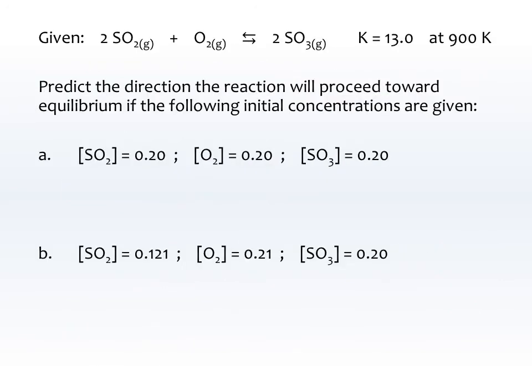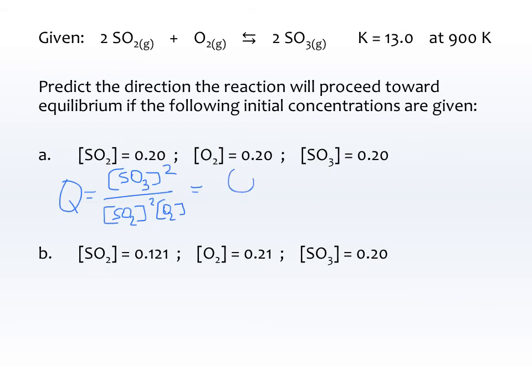Here's another example. Predict the direction the reaction will proceed toward equilibrium if the following initial concentrations are given. So first thing I need is a K expression or a Q expression. They are the same thing in these circumstances. So we have SO3 squared over SO2 squared times O2. So now I'm going to plug in what I have.